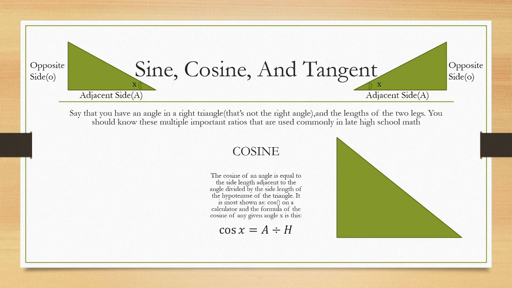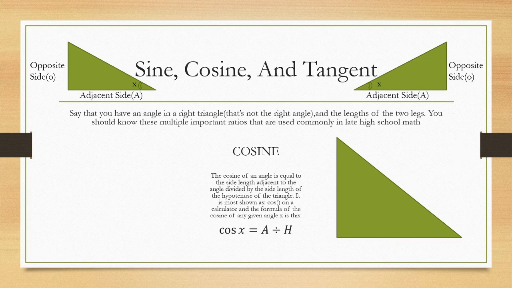And we can also say that if this is 3 and this is 5 and this is x, that means the cosine of x is equal to 0.8, because 3 divided by 5 is equal to 0.8.